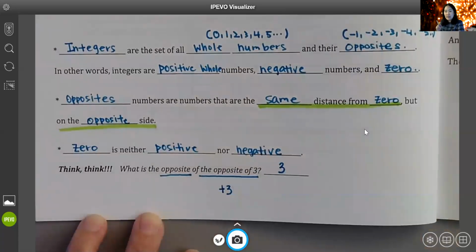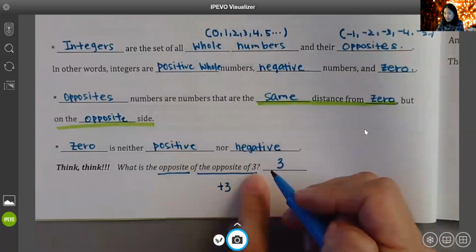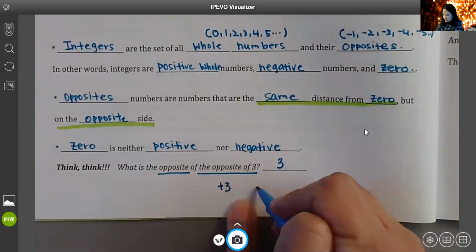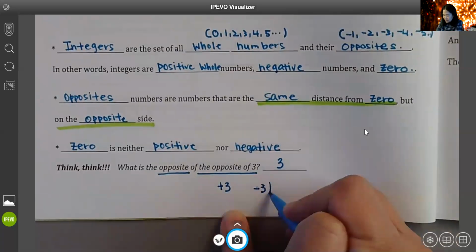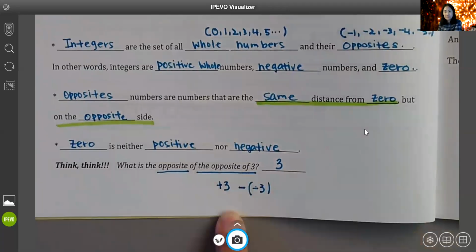Okay, now the mathematical symbol for that is this. Sometimes we use the negative symbol to mean opposite. So opposite of 3, opposite of positive 3 would be negative 3. And the opposite of that, okay, now, so opposite of 3 is negative 3, and the opposite of that would be positive 3.